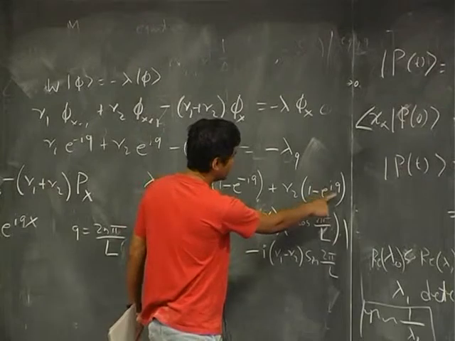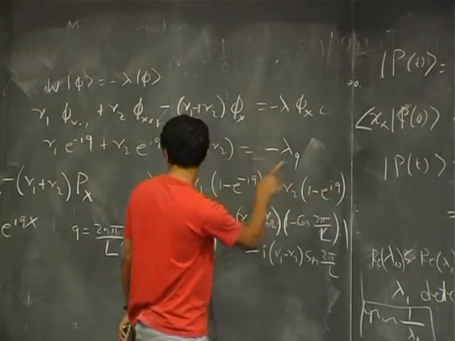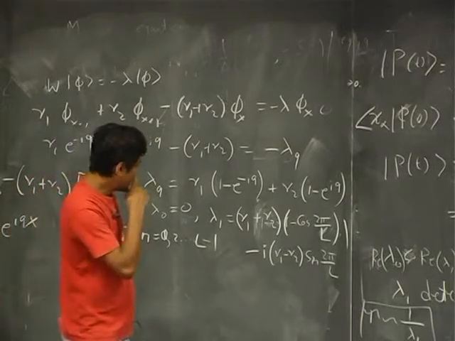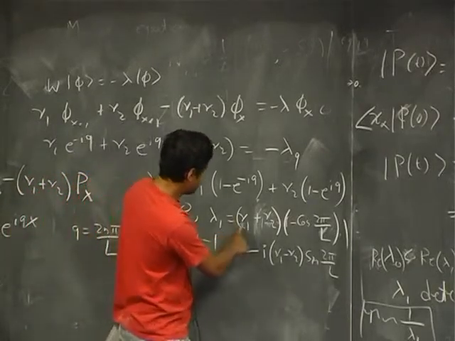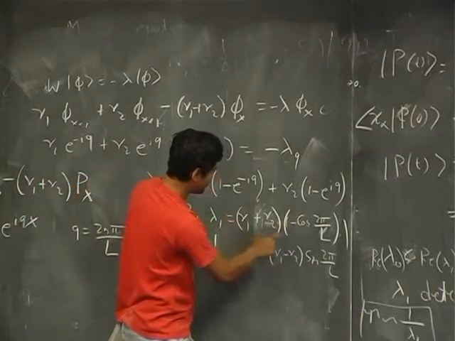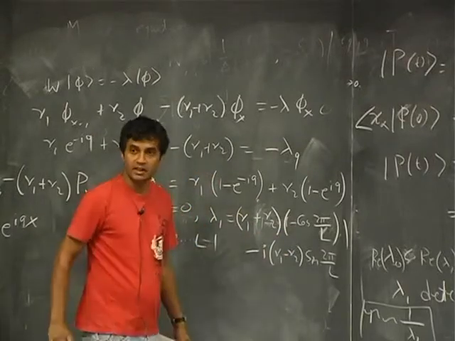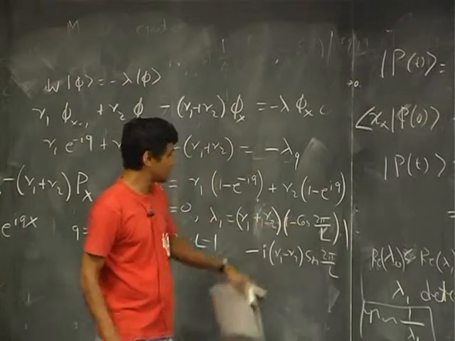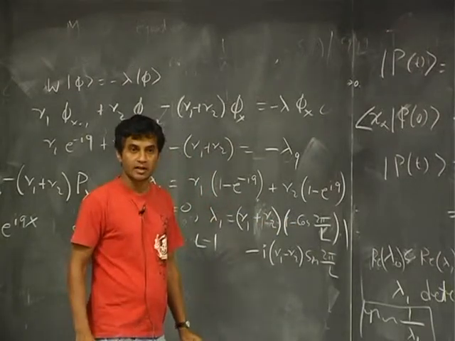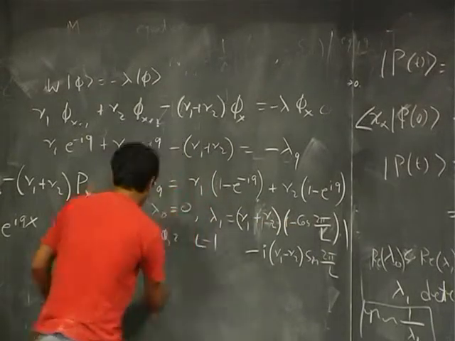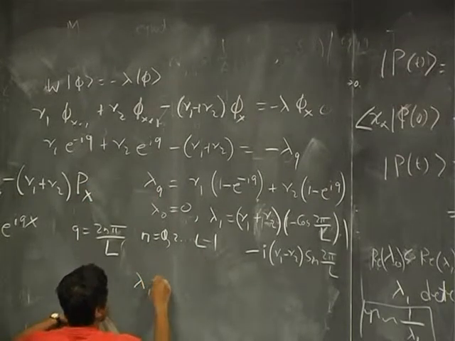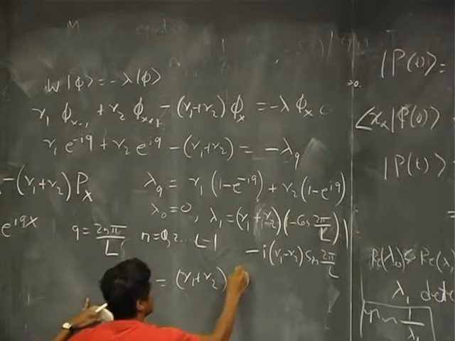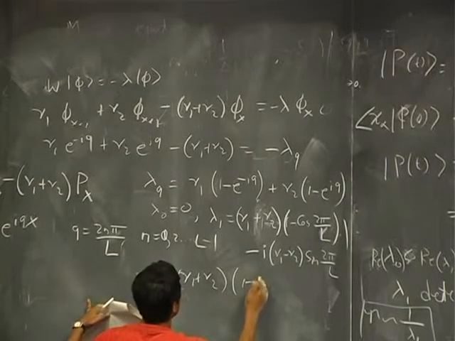To find the first eigenvalue, you put q equal to 2n pi by L with n equal to 1. The real part of lambda 1 is given by this, and you can see it is greater than 0. If L is large, this goes as 1 by L squared.